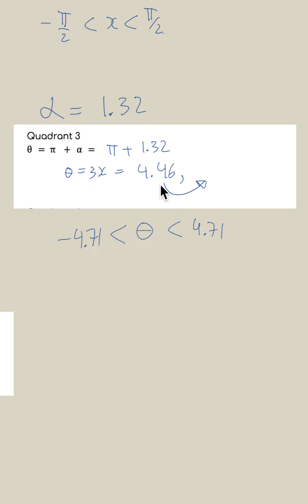So you subtract 2 pi: 4.46 minus 2 times pi, you get negative 1.82. Both are within the range, within the domain of theta.